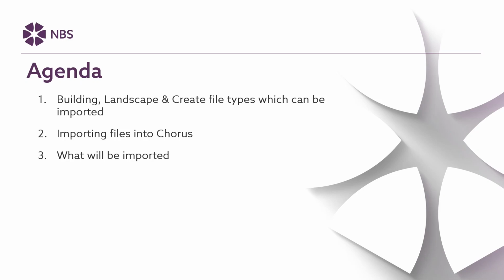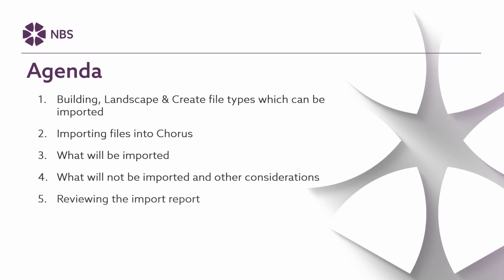Then, while they're importing in the background, I'll explain what will be imported, then what will not be imported, and some other considerations. I'll then talk you through the import reports, which are received when the import process is complete, and run through some of the checks that you should make. Lastly, I'll run through some important actions that you should undertake once you've imported and checked your specifications.